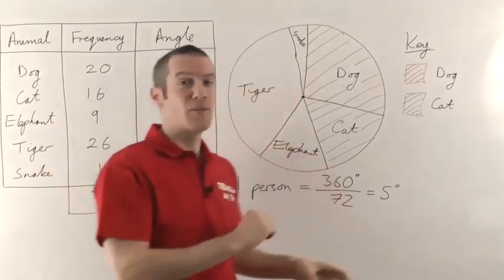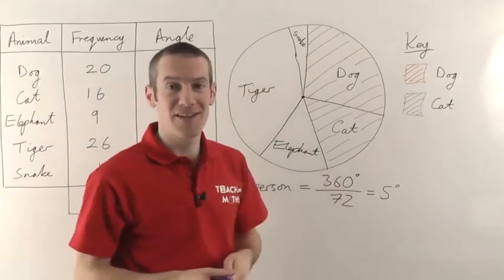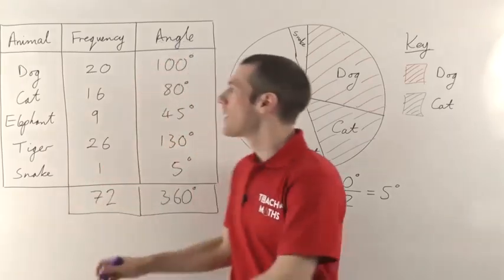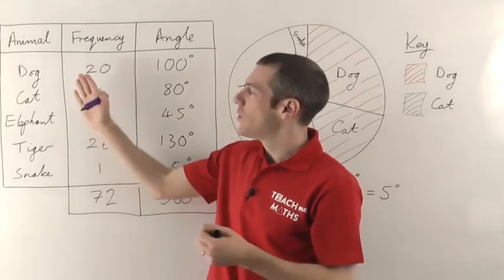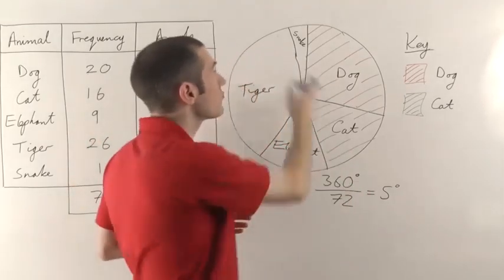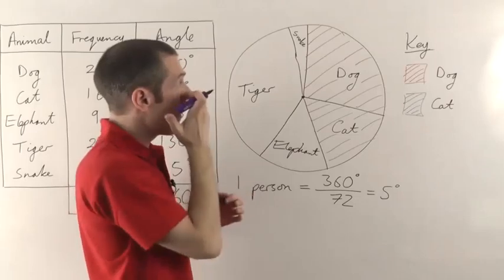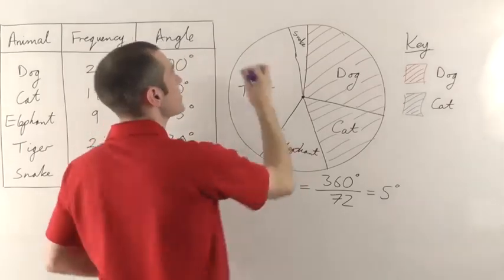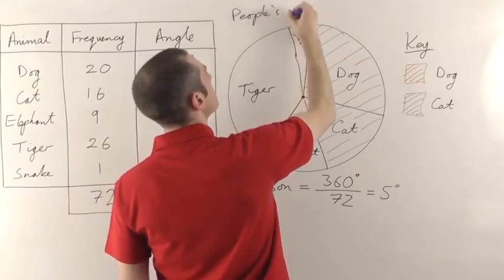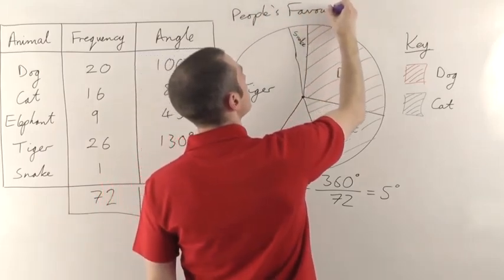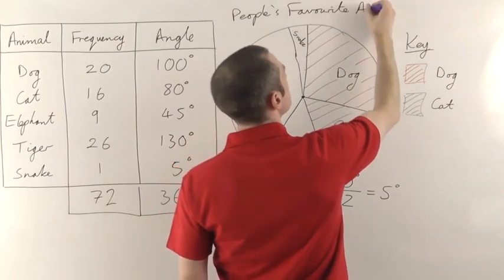Now one very important other thing that you do need on your pie chart is a title. So generally it refers to the original question from the questionnaire. So we ask people, what's your favourite animal? And you could just write that question at the top, or you could give it more of a summary title and you could say something like people's favourite animals.